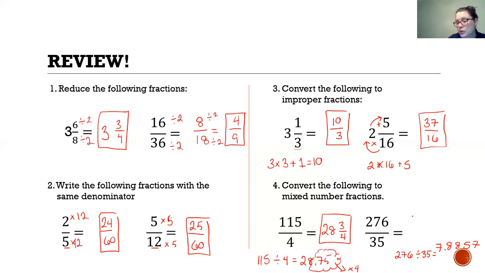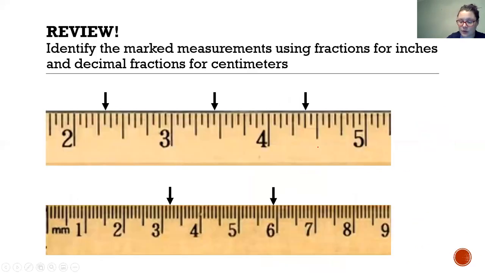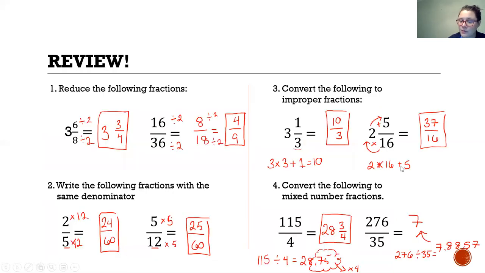Okay, so we know there's 7 wholes, so we're going to use that number. And then we're going to take this fraction. Oops, let me just go back a slide. There we are. We're going to take just the decimal section, 0.8857. Keep extra decimals if you want. That's better than not keeping enough, times 35.